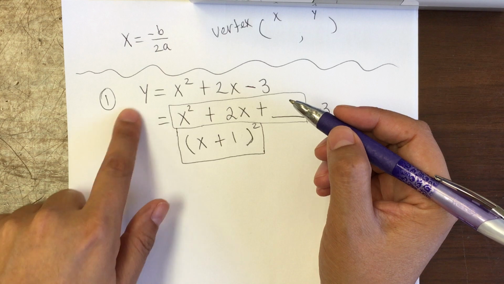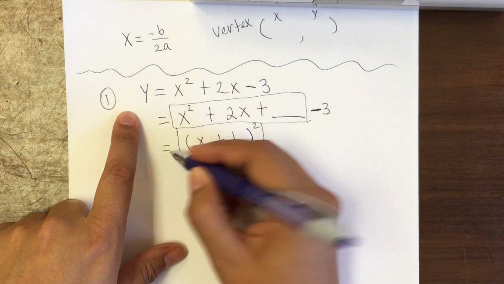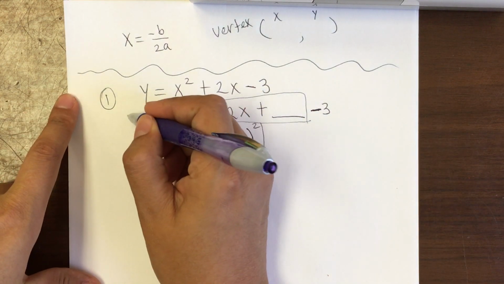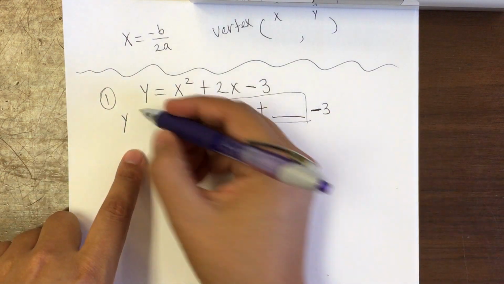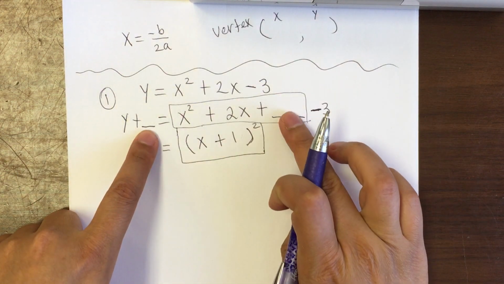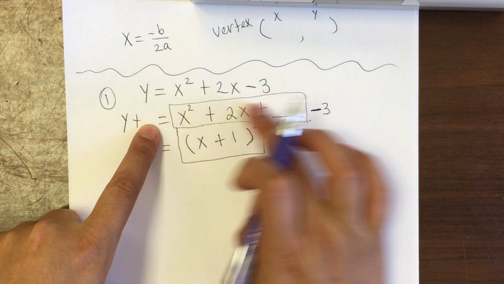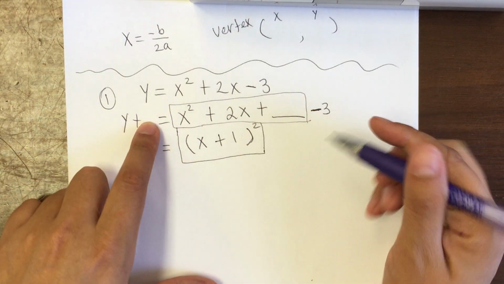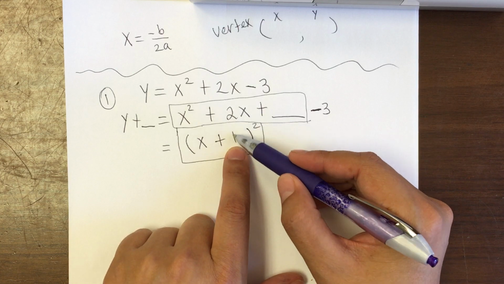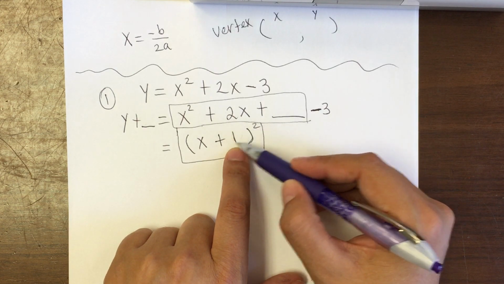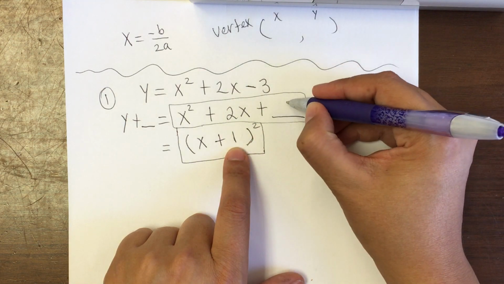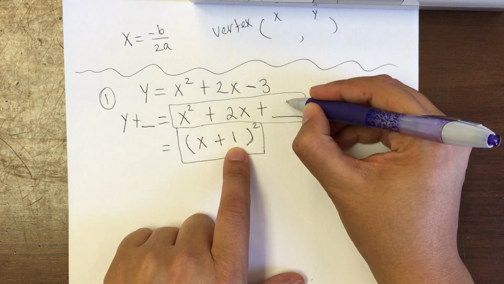And the reason for which I'm not bringing down the y in here is because if we add something in here to make it a perfect square, we need to add it to the other side. So remember, we divide the middle term by 2, and so it's 1. We raise that to the second power and add it in here. So 1 times 1 is 1.